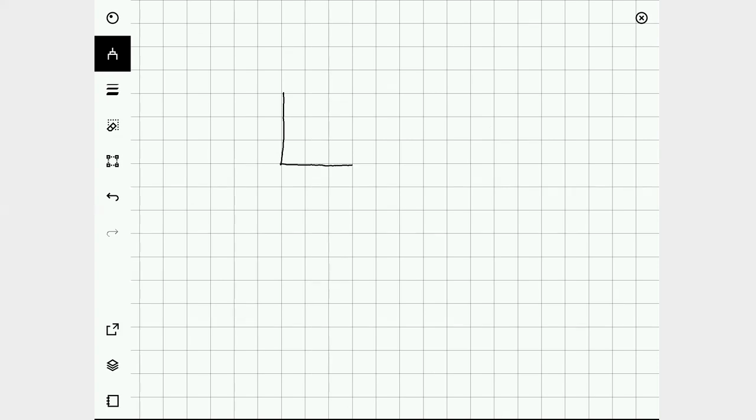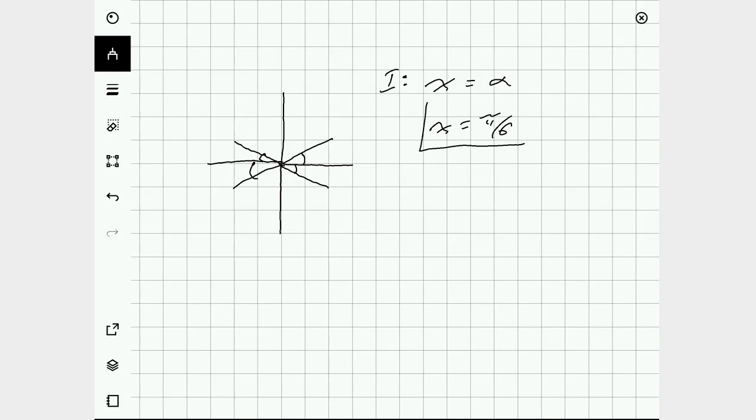So if I sketch out some coordinate axes, and I sketch out a couple of reference angles, I can start playing around with angle addition to find how this works out. In the first quadrant, x is just alpha, so we get pi over 6 as one solution.